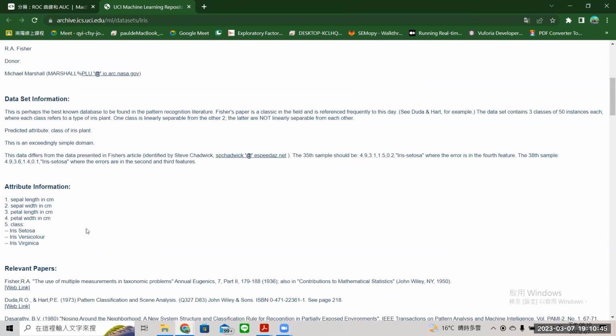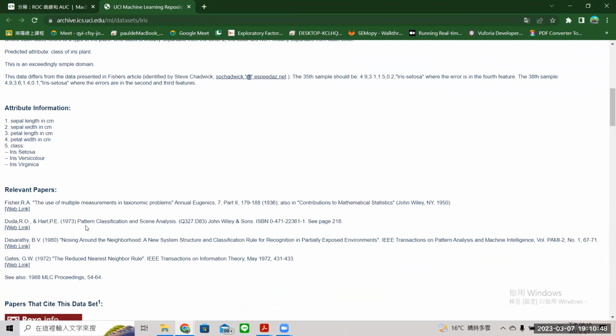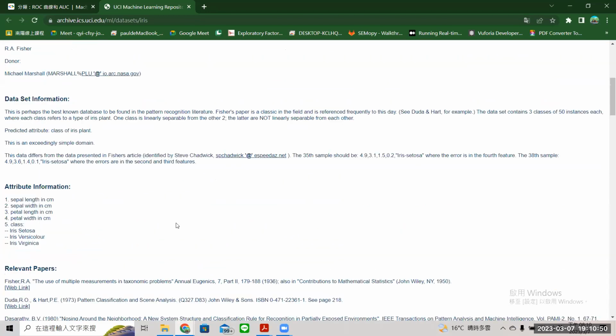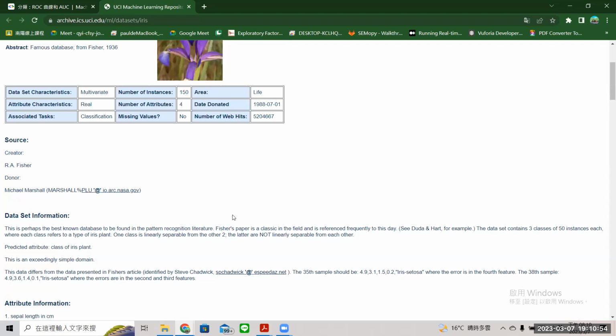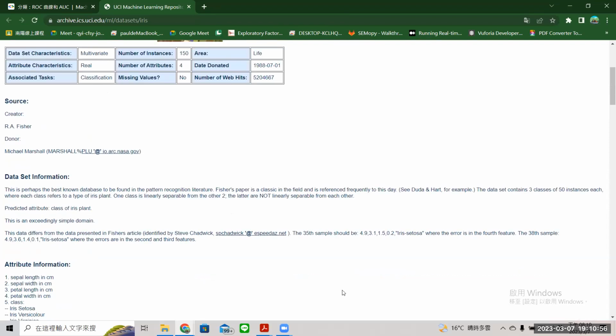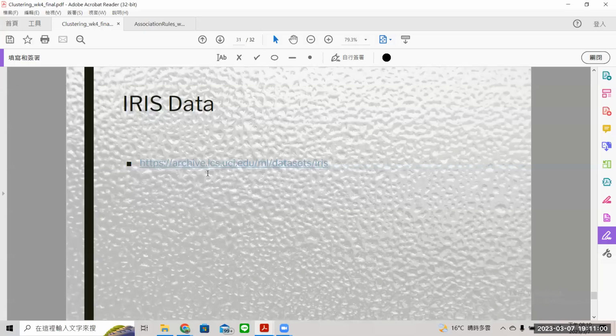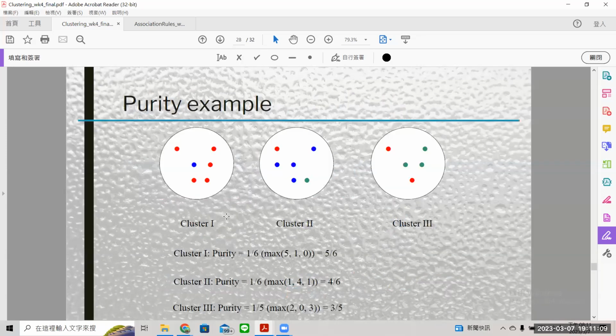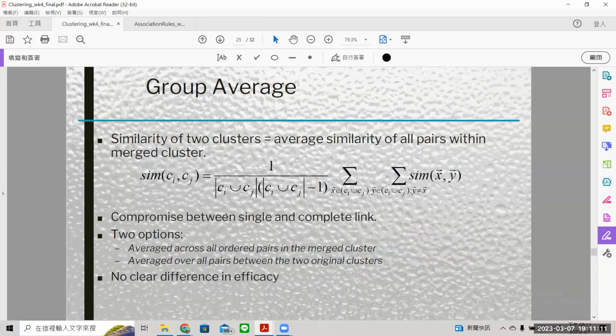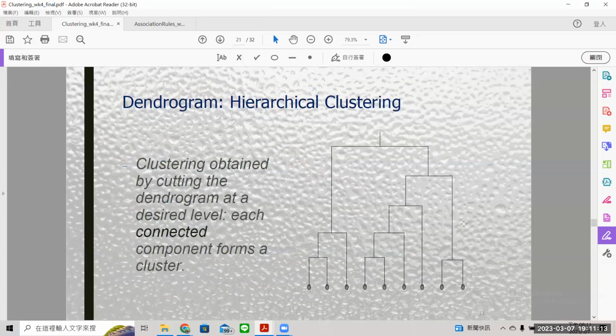So this is the data set. I remember it's about 200 or 300 samples, but I don't remember exactly, so maybe we can check that. Now let's see the second model. This is the small explanation about the data set. Now we use this data set and try to make a tree like this.